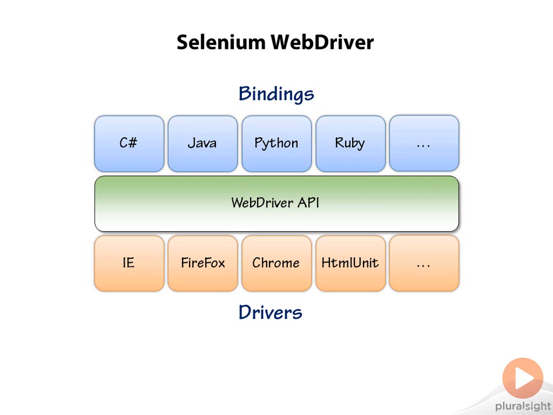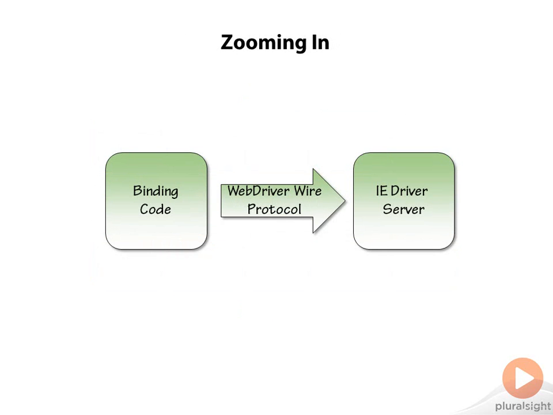And so what's happening here is you're going to write your test in, let's say, C#, and you're going to be using the common Selenium API, and that C# binding is going to be sending commands across this common WebDriver API. Now, on the other end is going to be listening a driver. Whatever driver that you've hooked up, you've specified in your test, is going to listen, it's going to interpret those commands, and it's going to execute them on the actual browser. And then it's going to return the result back up using the WebDriver API to your code where you can look at that result.